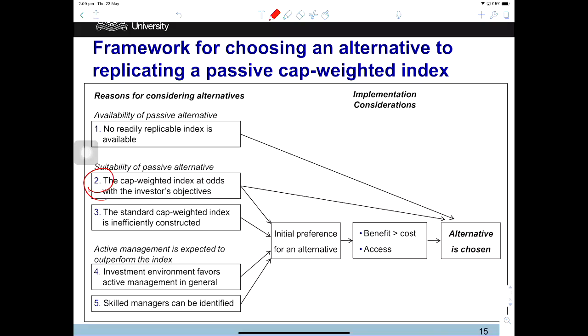And active management is expected to outperform the index, or in other words, you probably have some assets that have the potential to generate positive alpha. So what are these assets? Can you name a few where you may be more likely to generate alpha?